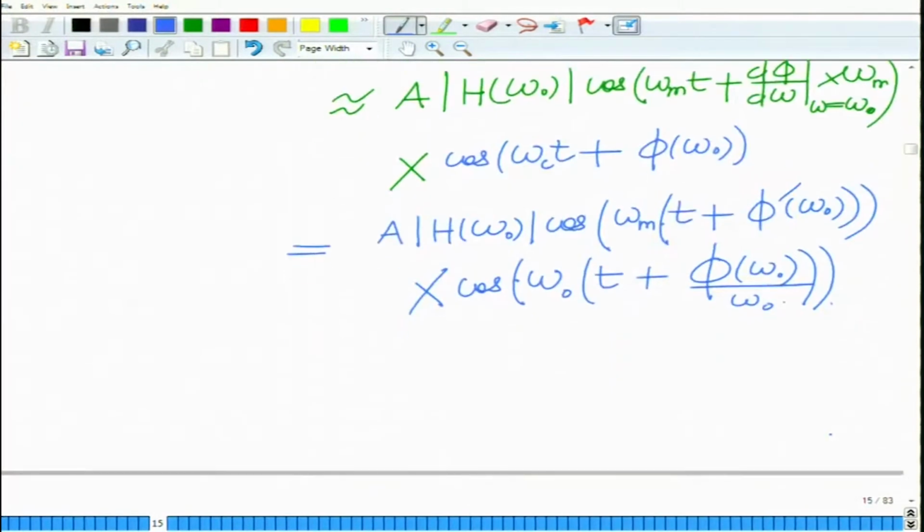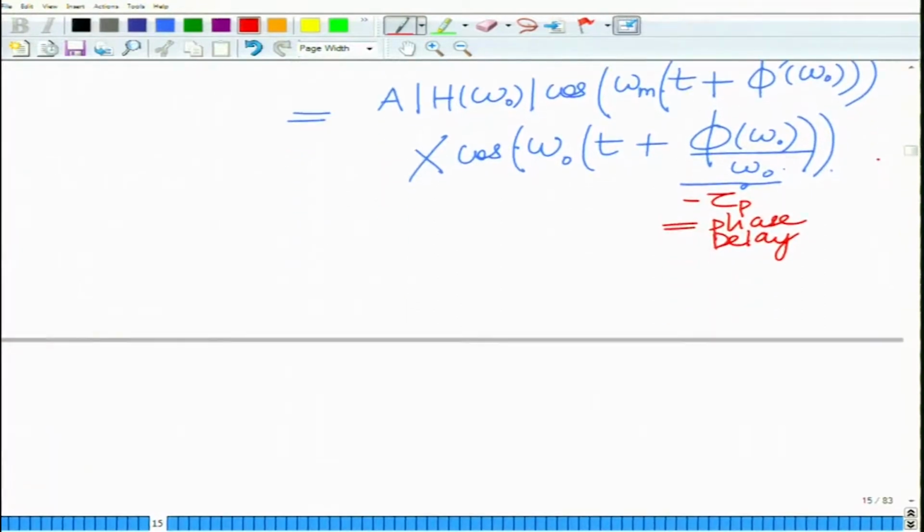And we know that this quantity is your minus tau p, this is equal to the phase delay, and this quantity that you see here, that is the delay of the message signal, this is now your group delay, right. So, you have your phase delay and group delay.